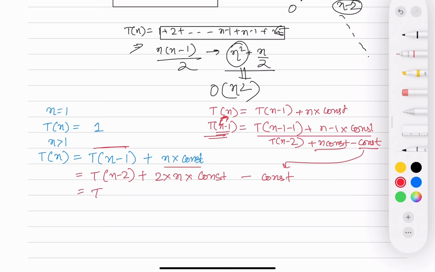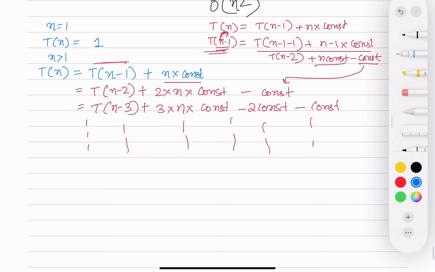Now in the next pass, can I write directly? You will get T of n minus 3 plus 3 into n into constant minus 2 constant minus constant. So you see a pattern. So can you write it for k terms? So T of n will look like what?